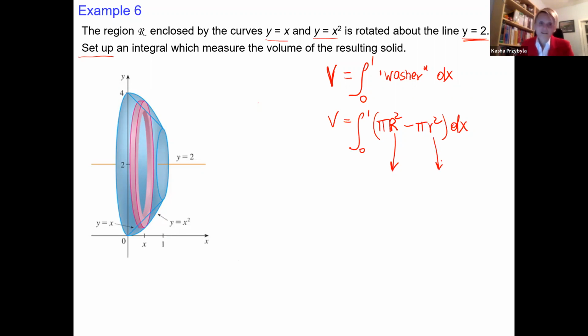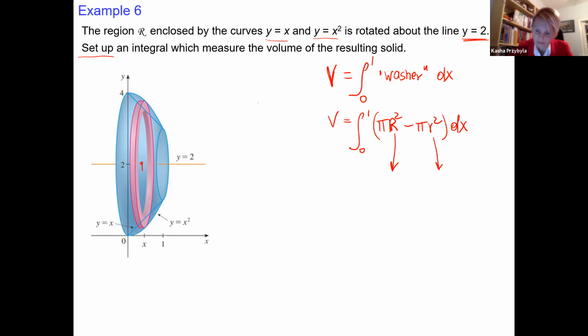Now let's see how that horizontal line, y equals 2, is affecting our radius. We have the answer, X squared is the outer, but we have to be careful because the line 2 is affecting it. Now this is the center, and we can start with the outer.